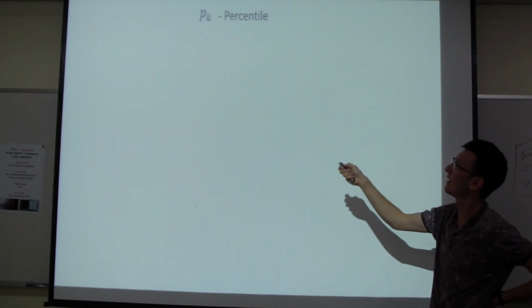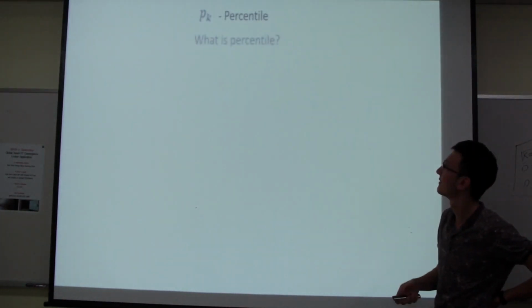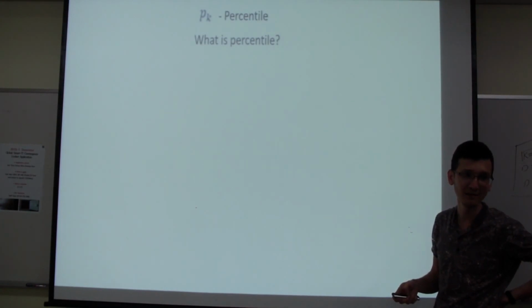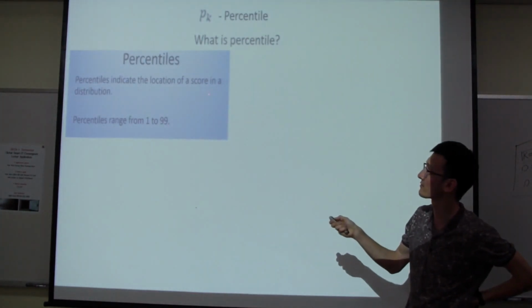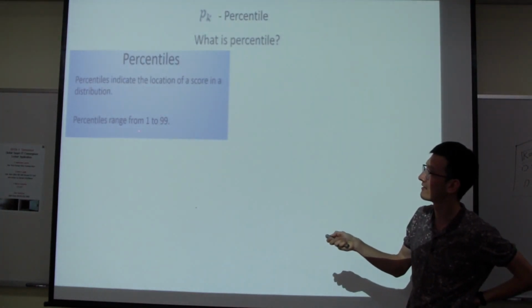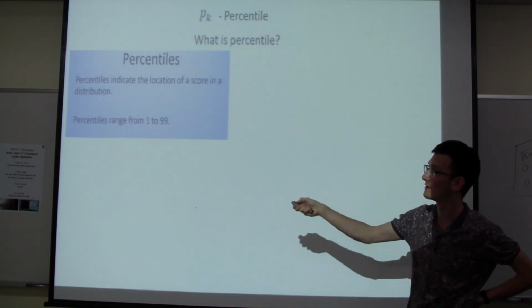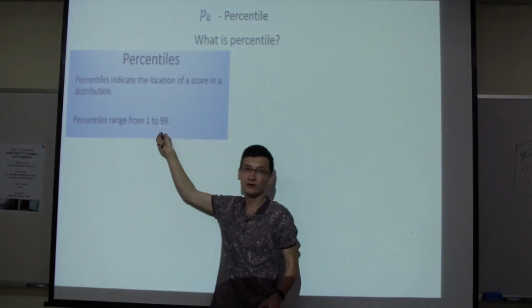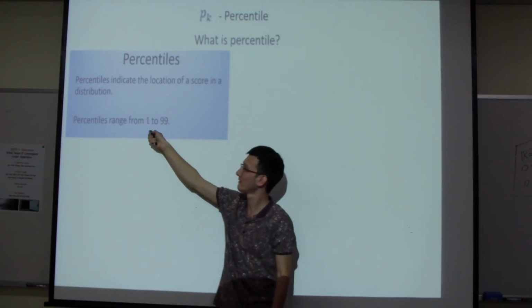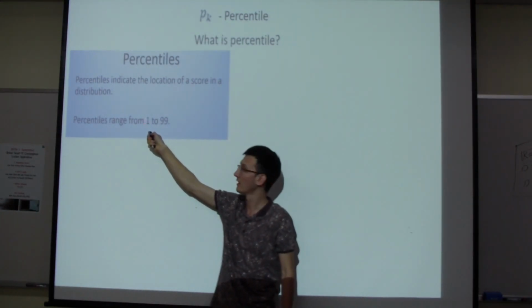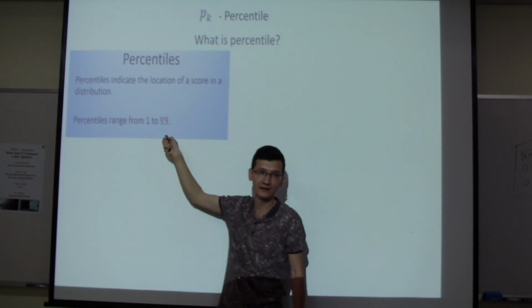Okay, PK, percentile. What's percentile? How can we calculate it? Percentile indicates the location of a score in a distribution. Percentile ranges from 1 to 99. So, if we want to give a number for the percentile, it should be from 1 to 99.